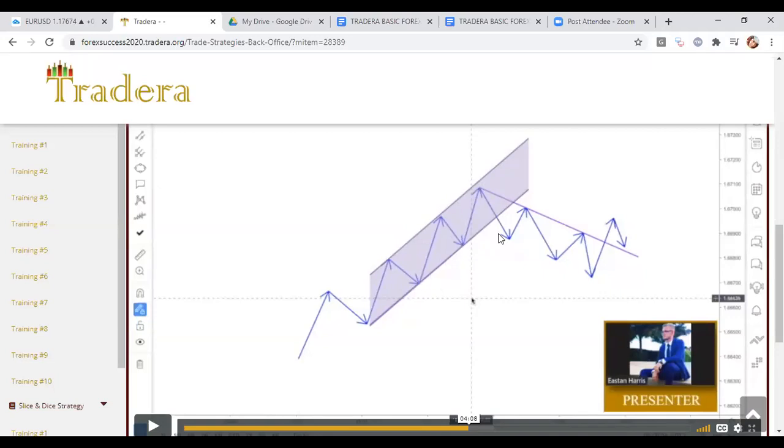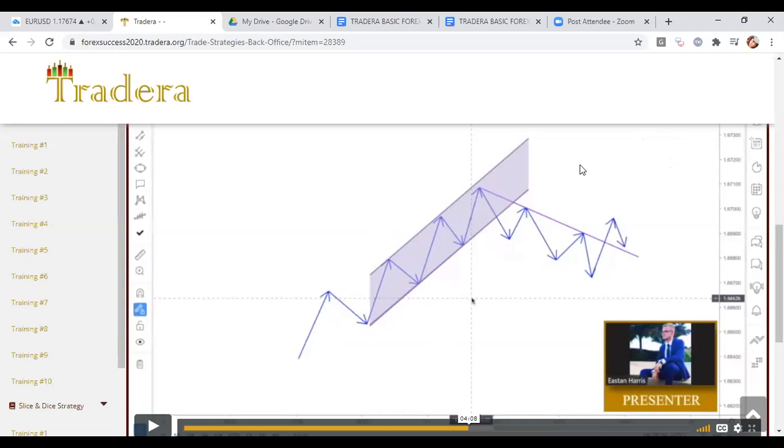This is the resistance. It's just a diagonal support and resistance line. And you just make a channel showing you the highest area and the lowest area of it during that time. That's colored in.